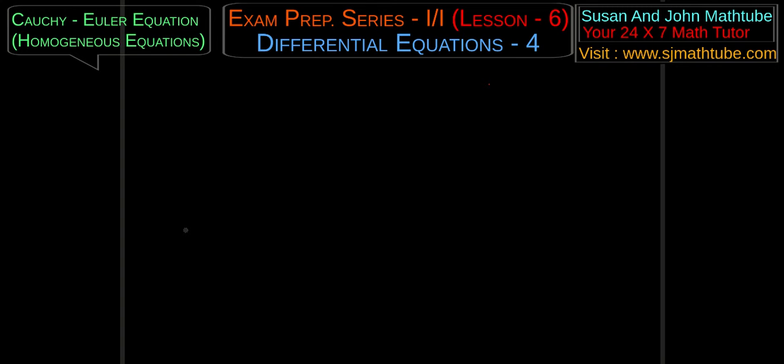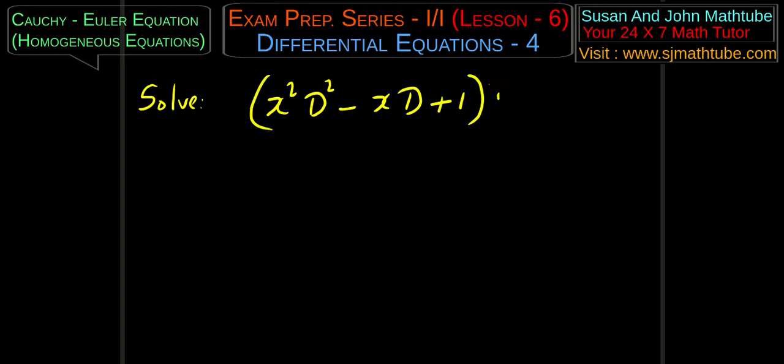So maybe you understood this method and maybe not. So let's make things very clear. X square d square minus x into d plus 1 of y is equal to log x. So the method is very simple.